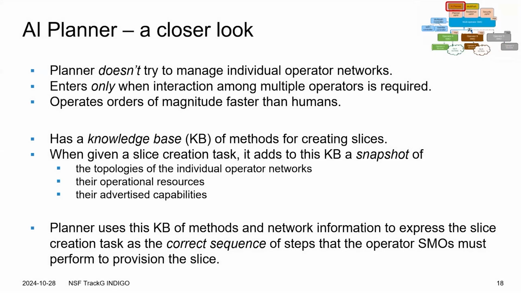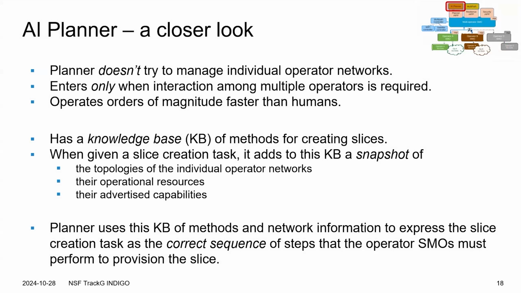Okay, so you've heard from Martin about the AI planner, and all I'm going to do here is to recap and maybe emphasize a couple of points that may not have been entirely clear. The first one is that the planner does not get into each individual operator's network. It does not try to micromanage any of those networks.